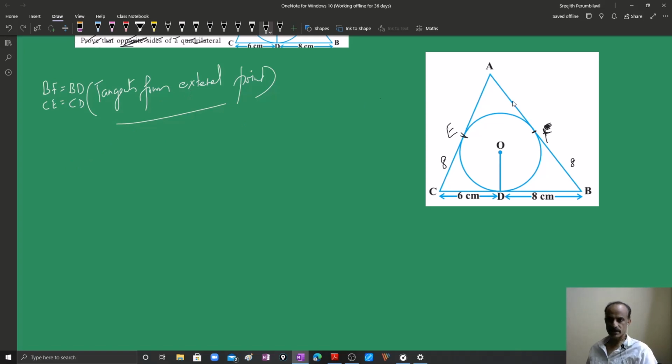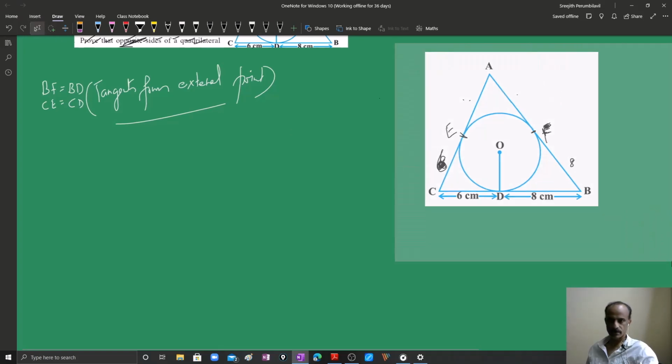Now this is missing. If I can find the measurement of AF, I'll get this as well as this. This will be 6 centimeters. Adding 8 to this and 6 to that, you'll get the whole thing. So I can put up a fresh figure there. I'll remove this.